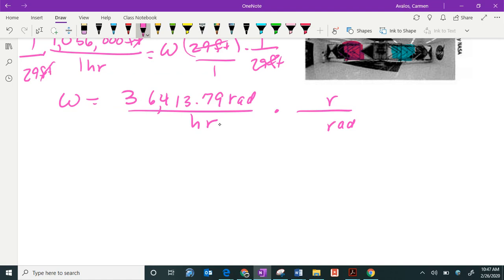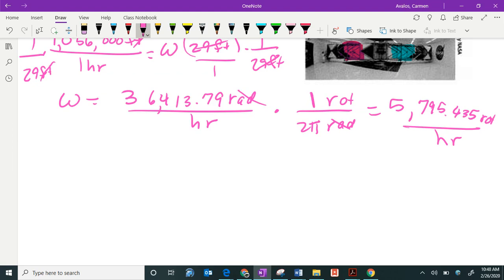Since this is radians, it's going to be 2 pi in the denominator, and this is going to be 1 rotation. So that's going to cancel. And so the answer here is about 5,795 rotations per hour.